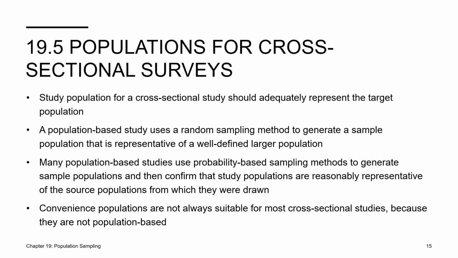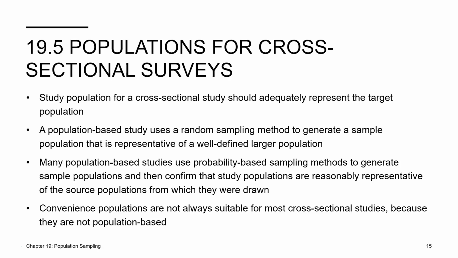Now, the following section goes over populations for the different types of study designs. Section 19.5 covers populations for cross-sectional studies. Study populations for a cross-sectional study should adequately represent the target population. A population-based study uses a random sampling method to generate a sample population that is representative of the well-defined larger population.